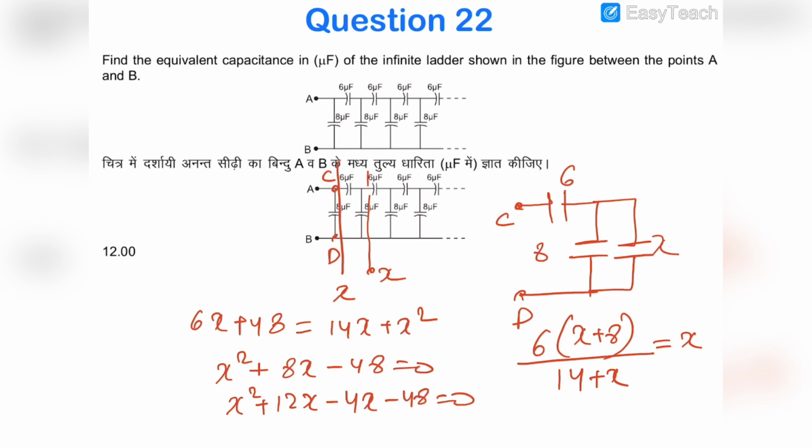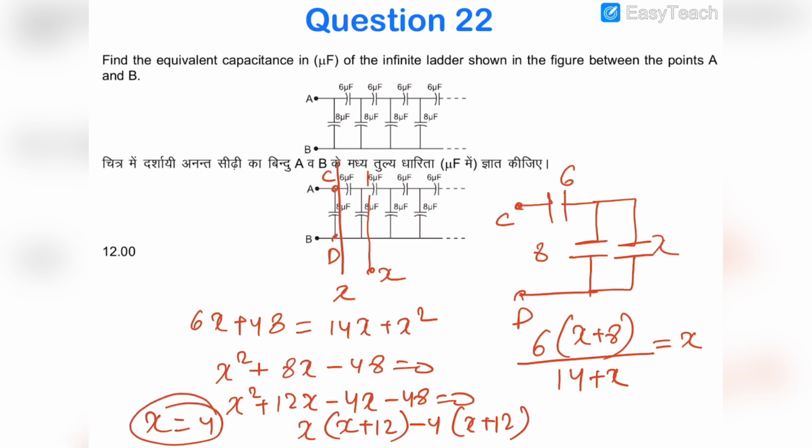So this is X into X plus 12, and minus 4 is also common, so X plus 12. So X could not be negative because capacitance cannot be negative, so X is equal to 4.